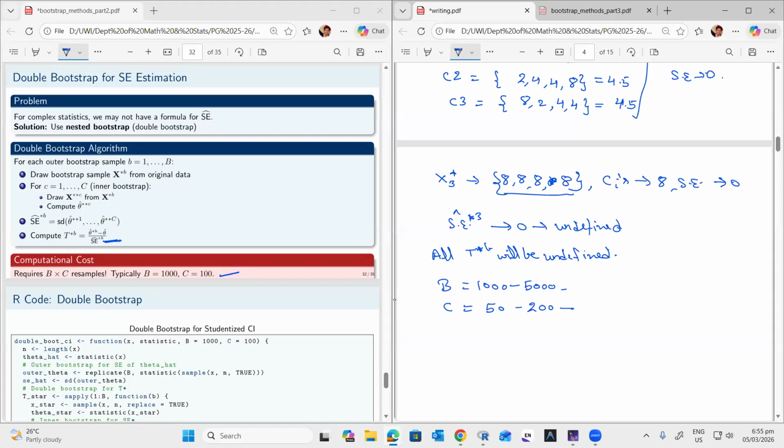But in that case you should remove the samples that produce a standard error of 0. Even though you remove some CIs for which the standard error is 0, still some CIs will remain for you where the standard error is not 0.